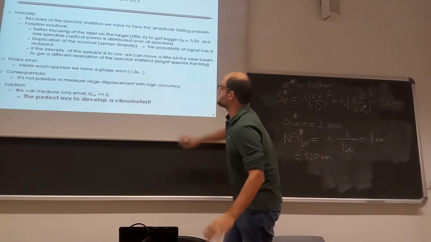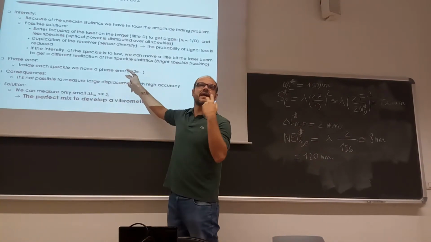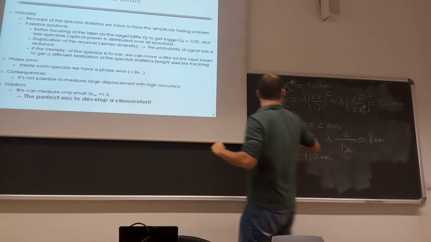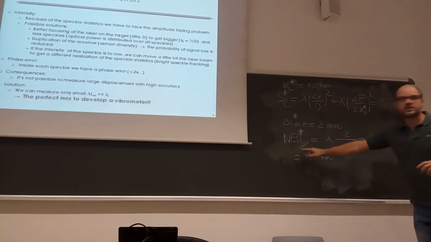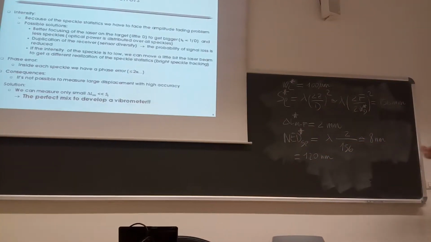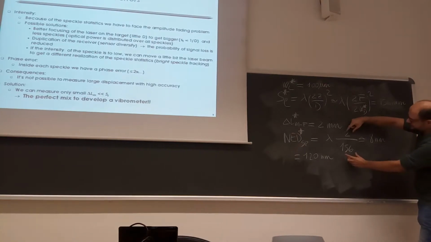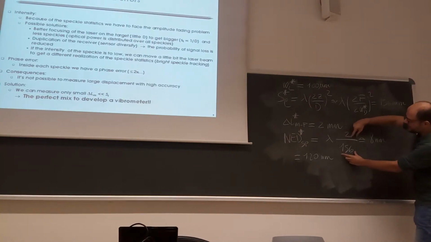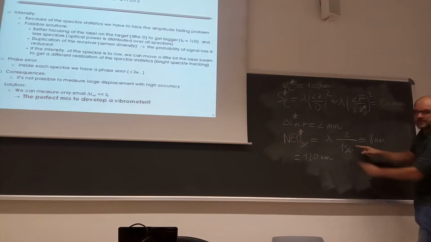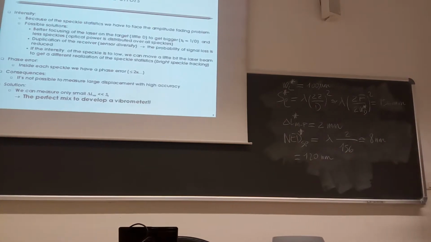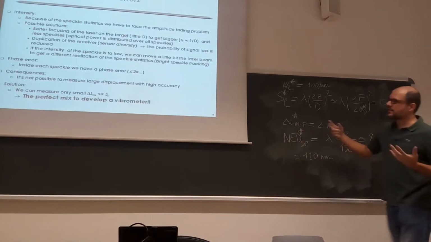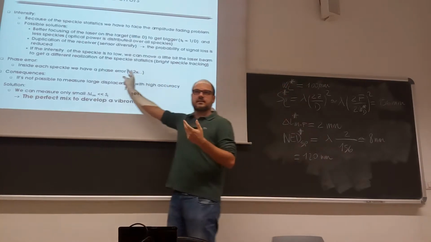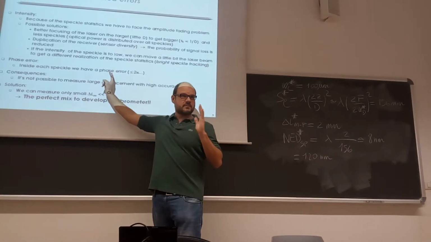Okay, this is what we have said. This is what you can see here in the definition of the noise equivalent displacement. The closer the movement of the target is to the longitudinal dimension of the speckle, the higher the phase error related to the measurement. Okay?